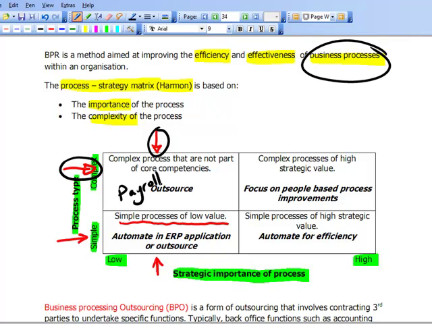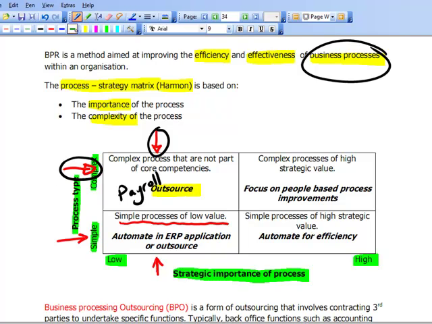Let's say you've got an international organization with payrolls covering various different tax regimes. That's complex because there's different tax rules you need to have. How important is it? And what is, in particular, the strategic importance? Well, it is important. We want to make sure we pay the right amount of taxes and that people get their salaries, but it is not strategically important. So it's not overly important, but it's complex. The answer, we want to outsource. We outsource that to the experts that know what to do.